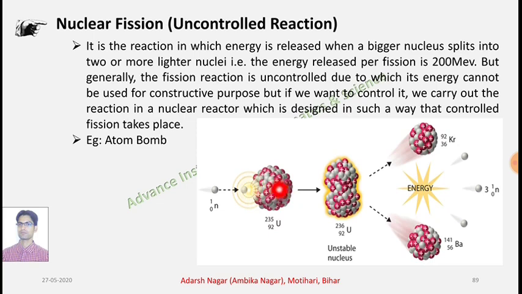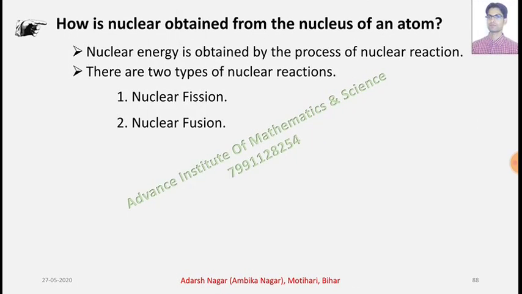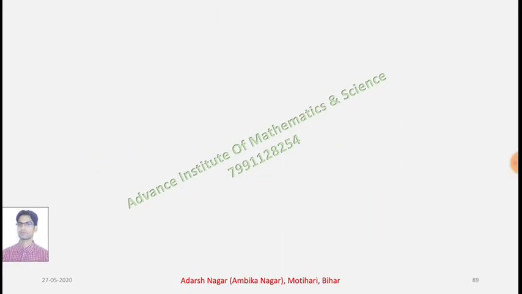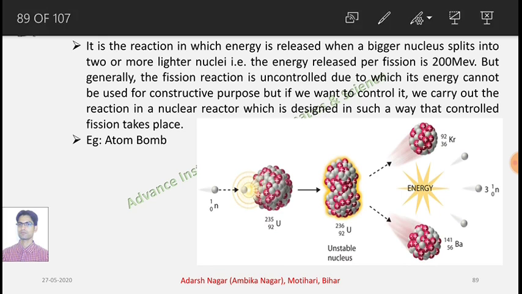This is the heavy nucleus of uranium having mass 235, and this is a neutron having mass 1.